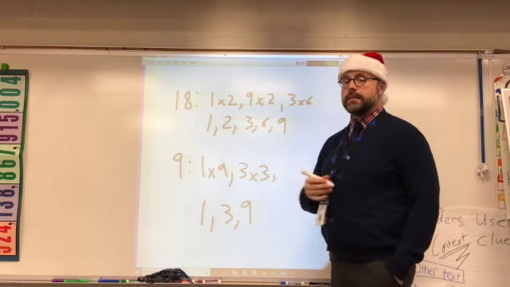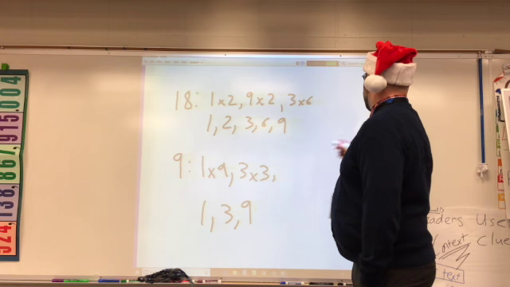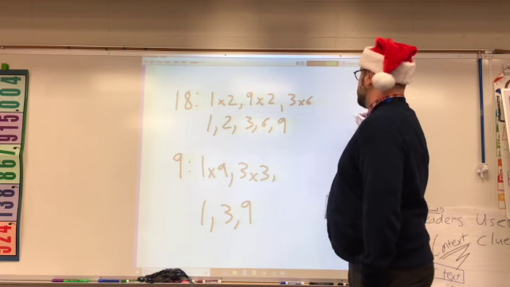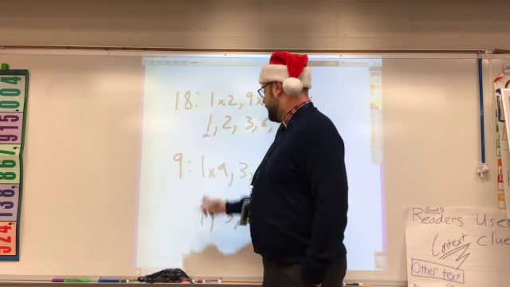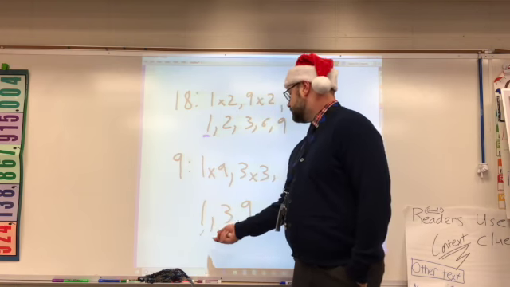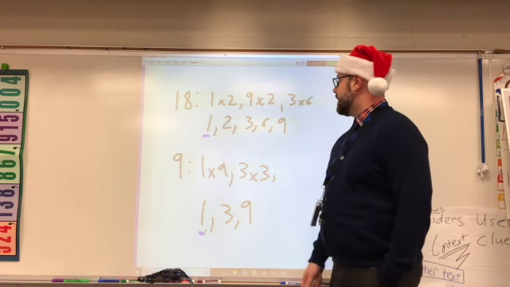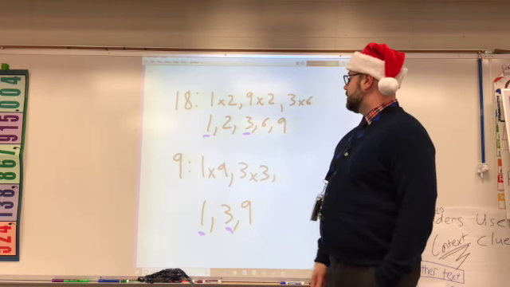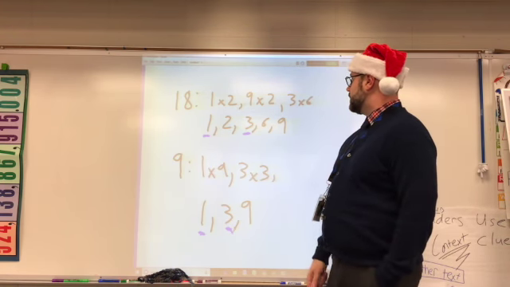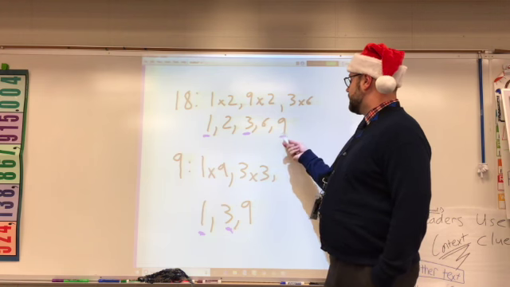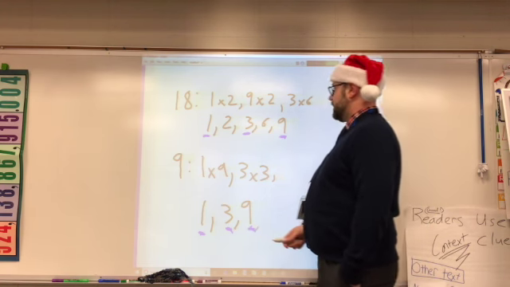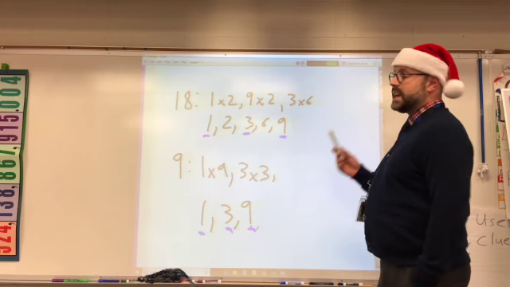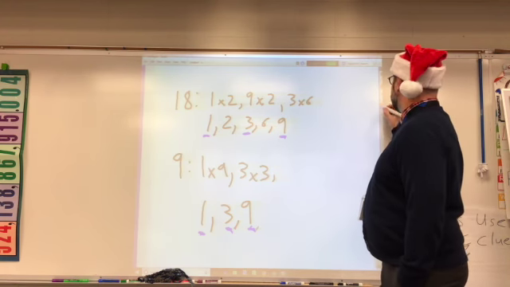What's the greatest common factor? What do they have in common? Use blue here, by the way. Oh, they both have 1 in common, right? Well, I see they both have 3 in common. And I see they both have 9 in common. Well, they have 3 numbers in common. What's the greatest common factor?